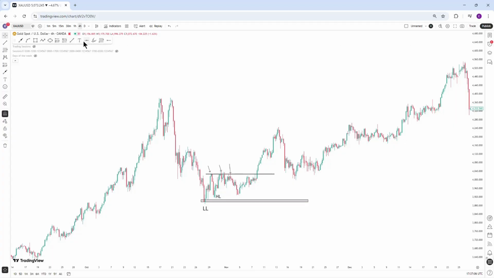You can see from here, price is failing to break this low. It's just pushing upwards.